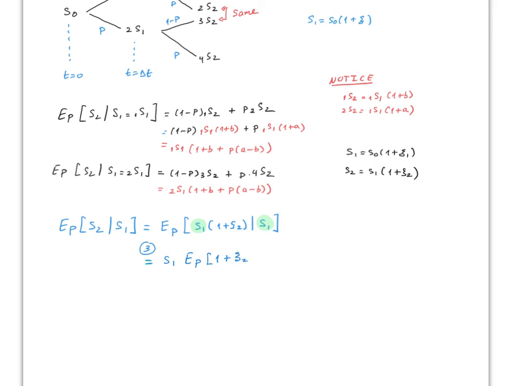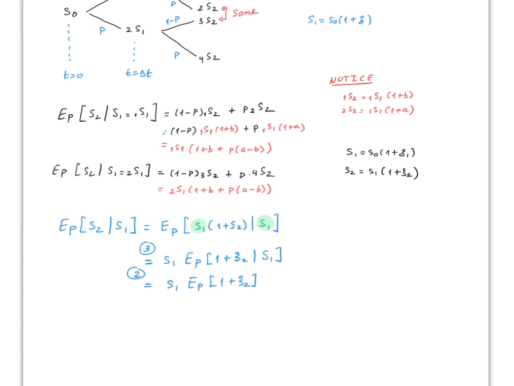given S1. Then by property number 2, this is equal to S1 times the expected value with respect to P of 1 plus C2 only. Why? Because this is independent of S1.